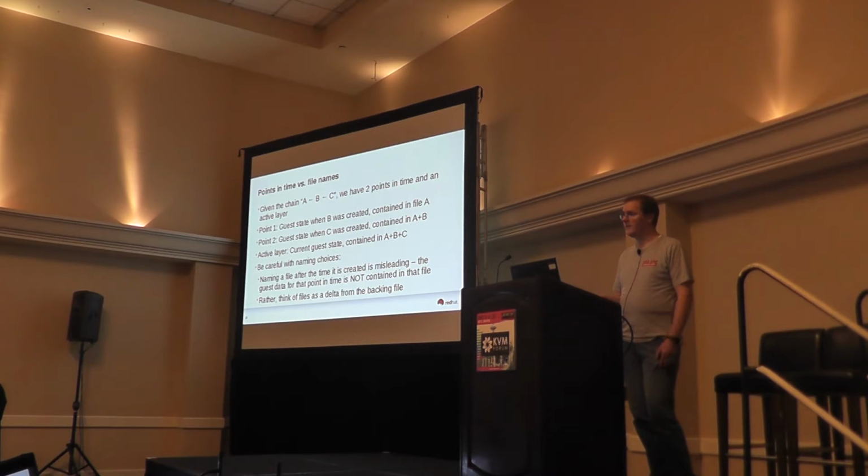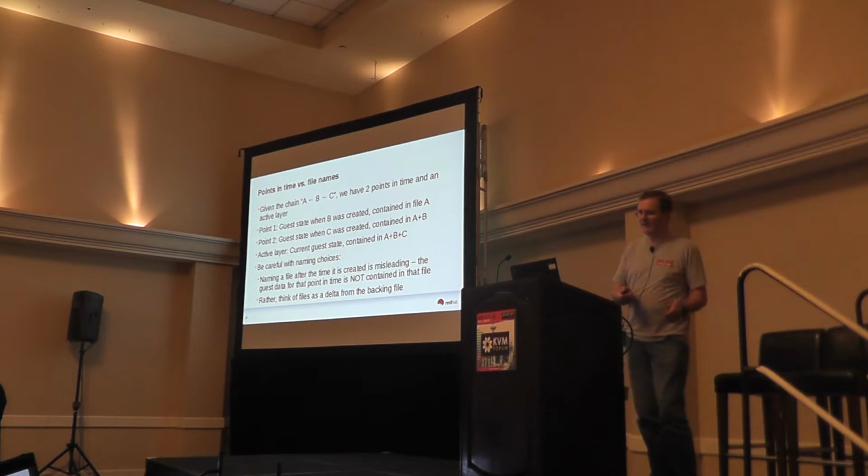With your naming, if you create a file and name it after the timestamp, that gets a little bit confusing because the timestamp of the file is not the data at that point in time. It is the change in the data from that point in time. The timestamp for the snapshot is the data in the backing files.